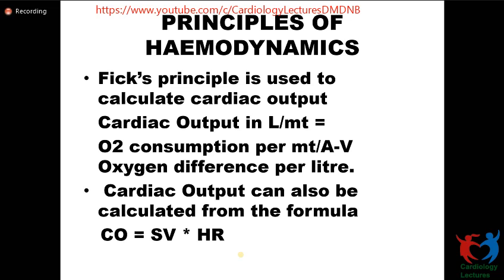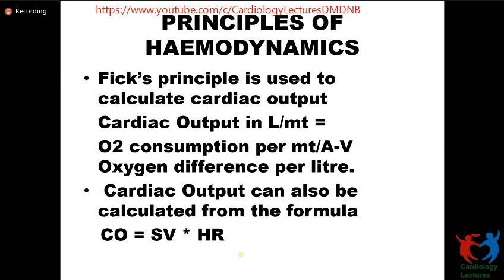Cardiac output can also be calculated from the formula: cardiac output is equal to stroke volume into heart rate. There are many methods to find out the stroke volume. The simplest is by doing an echocardiogram, provided the patient does not have any regurgitant lesion. If the patient has a regurgitant lesion, let us say mitral regurgitation, the calculated stroke volume may not be the correct volume ejected into the aorta.